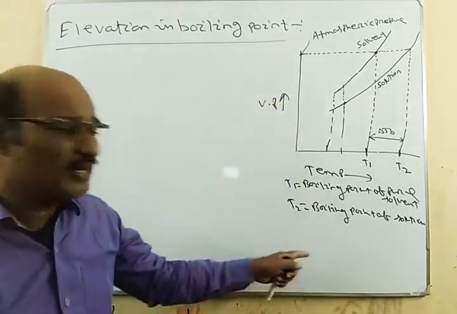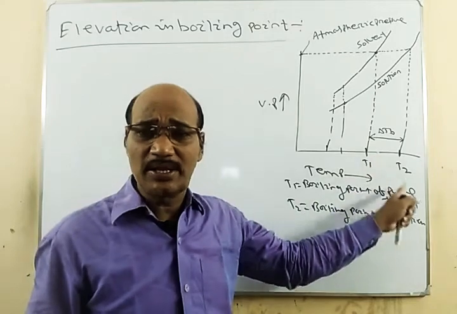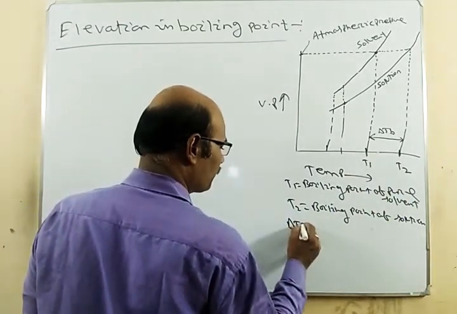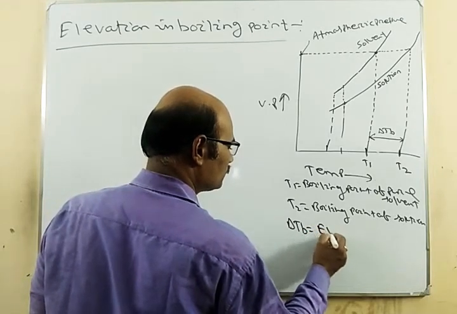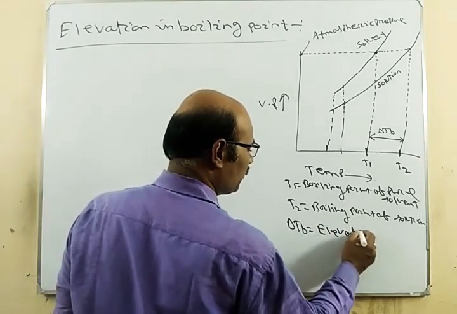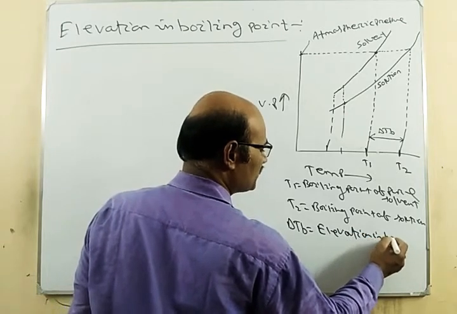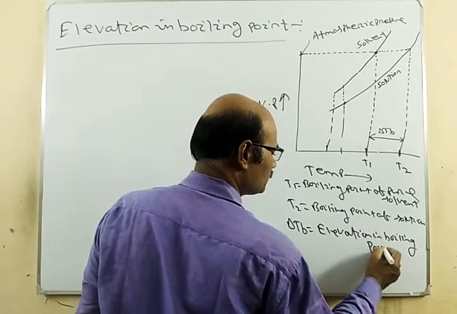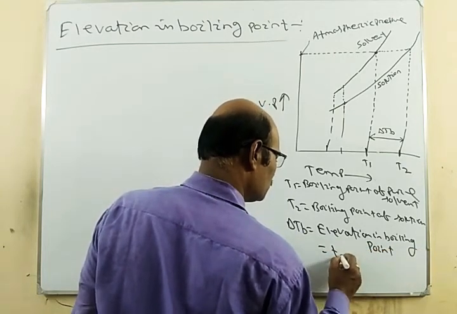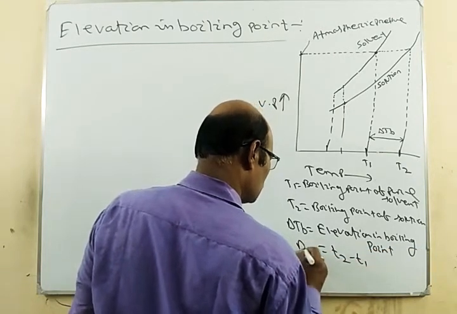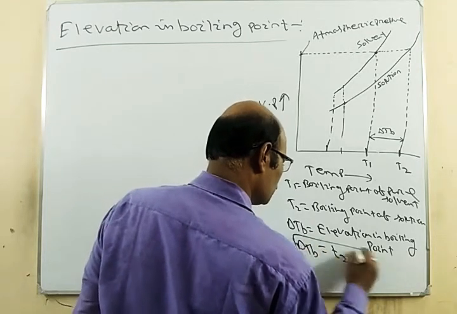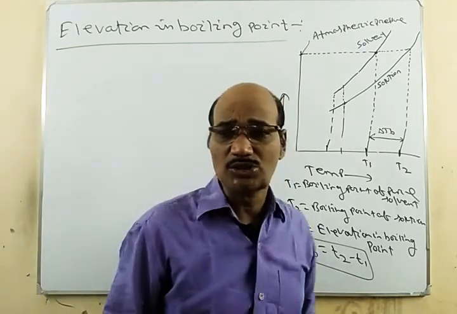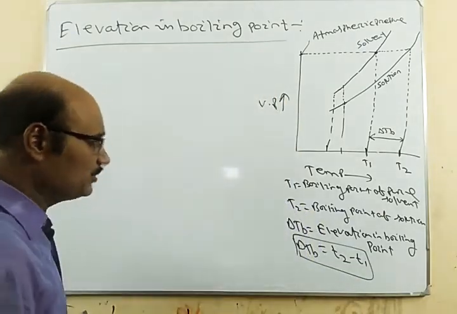So the boiling point of solution is more than that of the pure solvent. Delta TB, the elevation in boiling point, equals T2 minus T1, where T2 is the boiling point of the solution and T1 is the boiling point of the solvent.